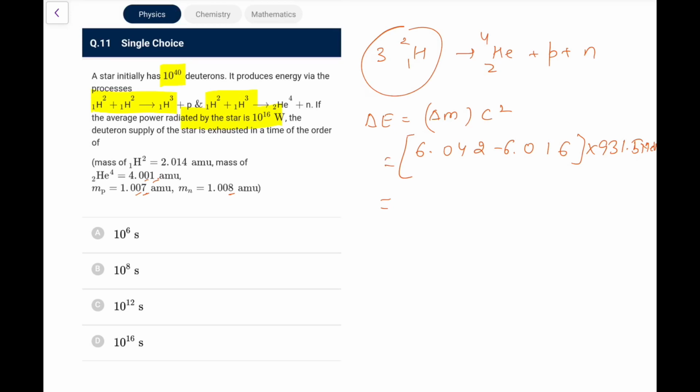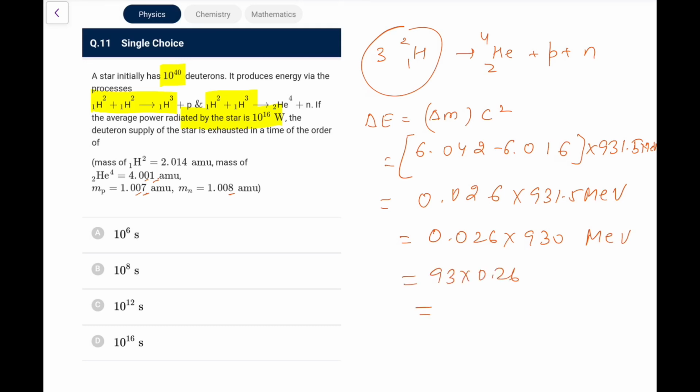So per this reaction we have 0.026, since it should be 42 minus 16, which is 26. So 0.026 into 931.5 MeV, or to make it a little easier, take it as 930. So it is 93 into 0.26 MeV.